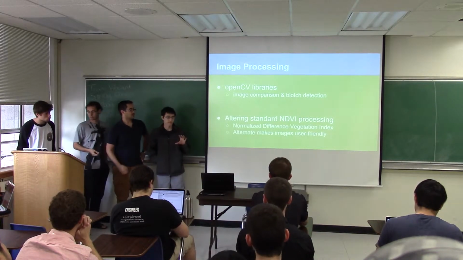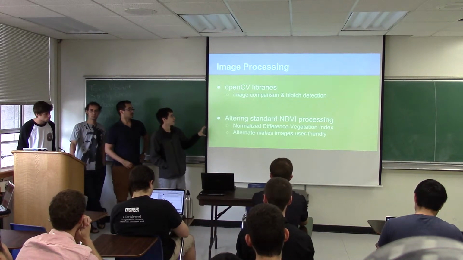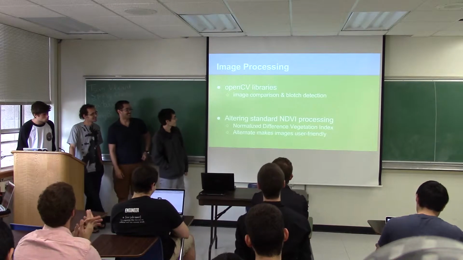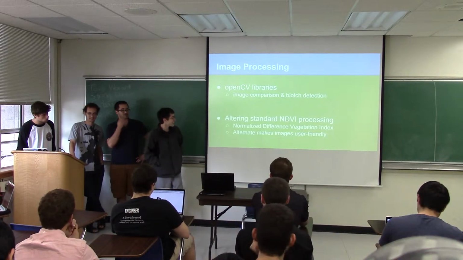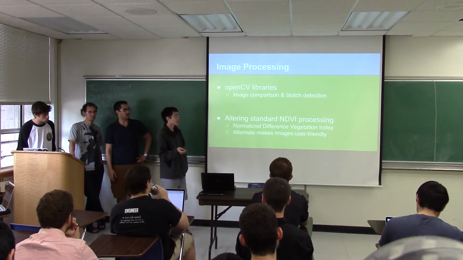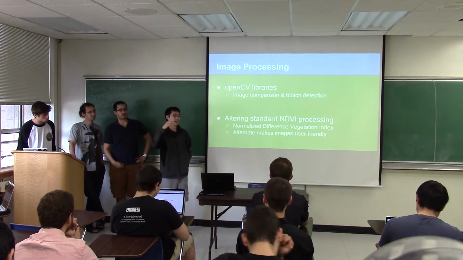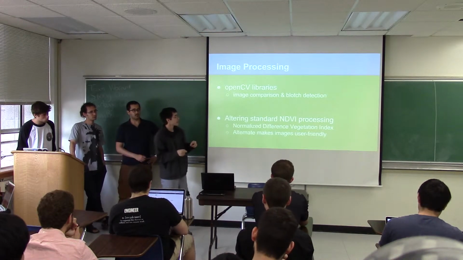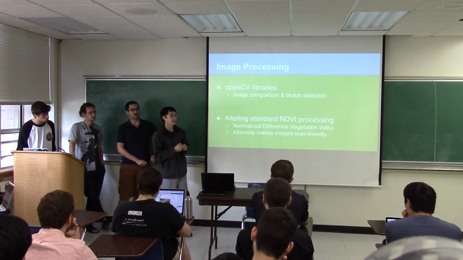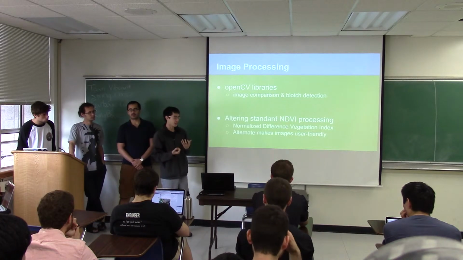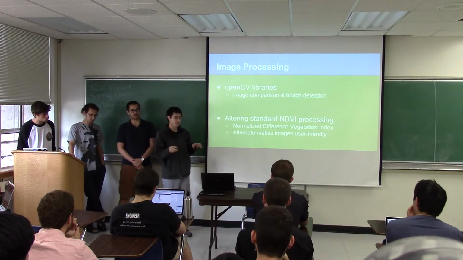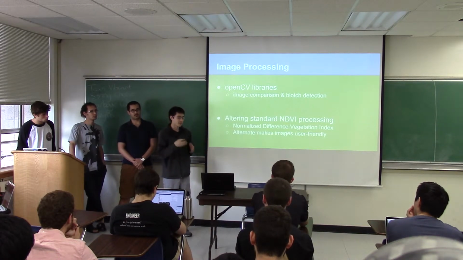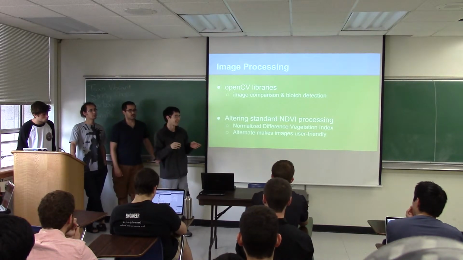NDVI stands for normalized difference vegetation index. The classic version uses a scale that goes through the rainbow from red through violet, and that's not really user intuitive or user friendly, because red would mean it's a healthy plant, while violet would mean it's not a plant, and green would be somewhere around the plant's dying area.